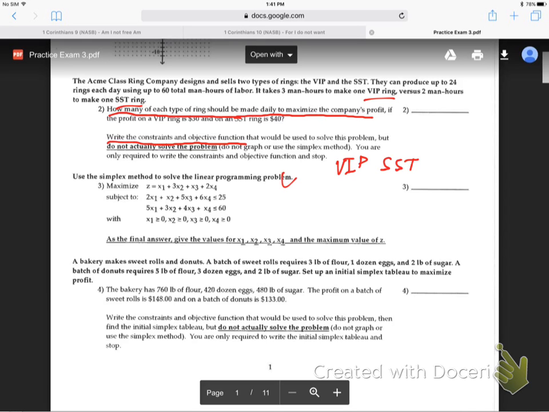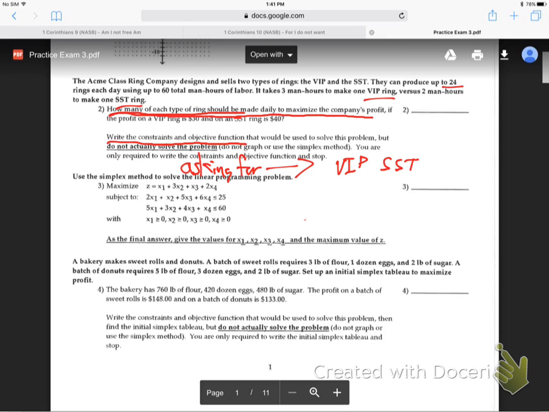Not down the side. Always the 2 things they're asking for goes across the top. And how do I know that's what they're asking for? How many of each type? All right, what else does it say?